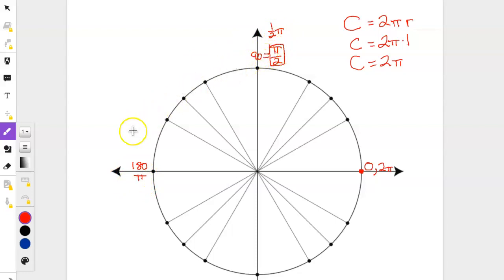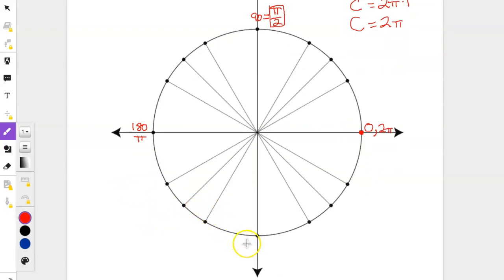And we can continue this, going the other direction as well. So we have 0, and we got a half of pi, and we have another half, right? Gives us 2 over 2 pi. And we can keep on going to get down here, which is 270 degrees. And this is 1.5 times around. 1.5 as a fraction is 3 over 2 pi, or 3 pi over 2.